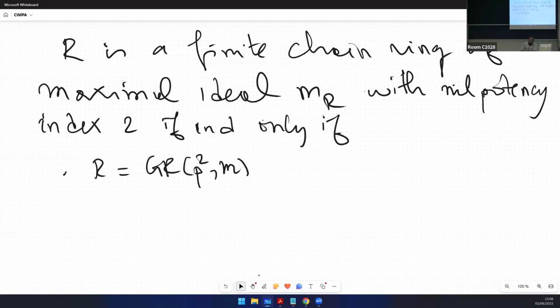This ideal is P squared, M is P squared. The nilpotency index is 2. This is FQ[x] modulo x squared. Nilpotency index 2. Okay.